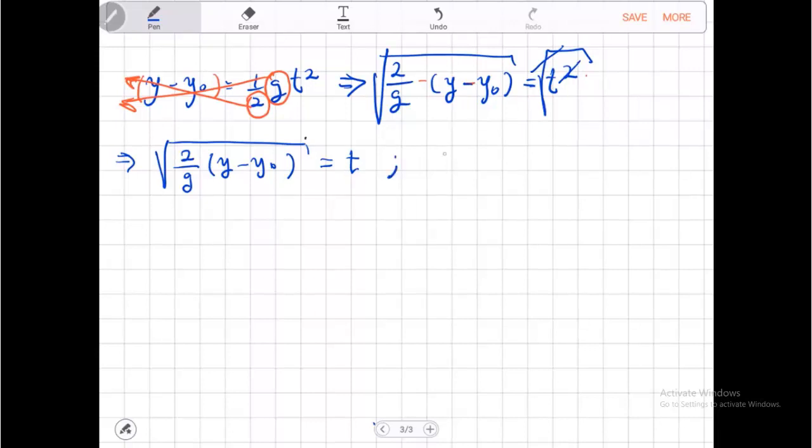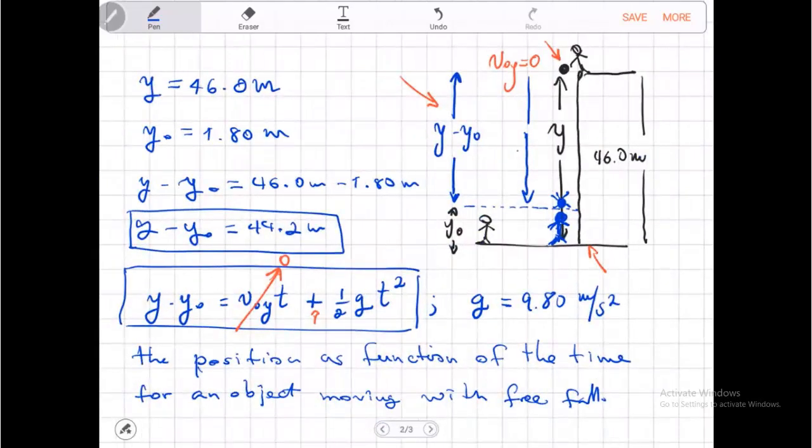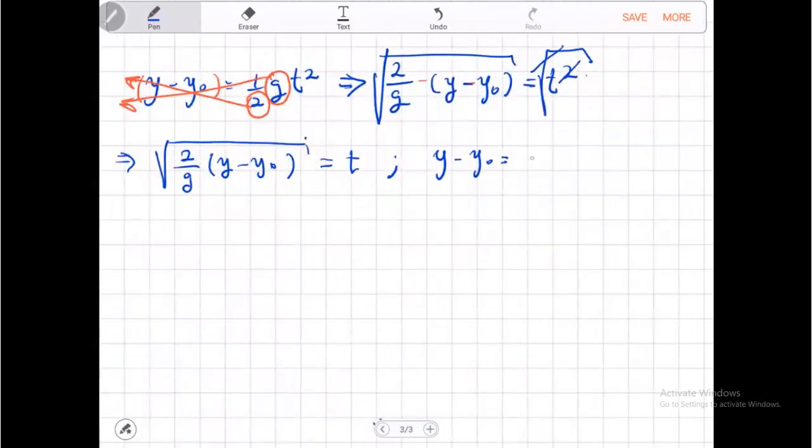If we remember, y minus y0 is 44.2 meters, and the gravity is 9.80 meters per second squared.